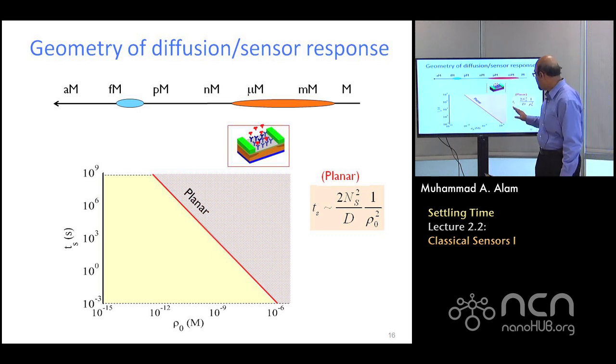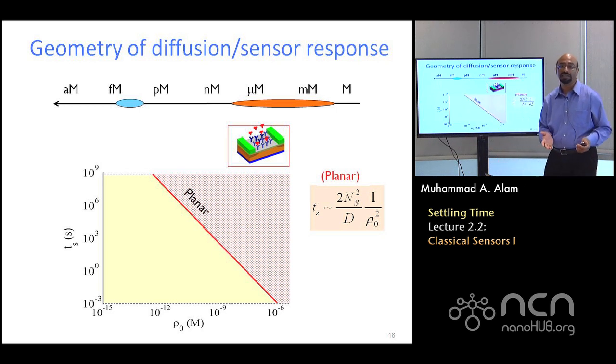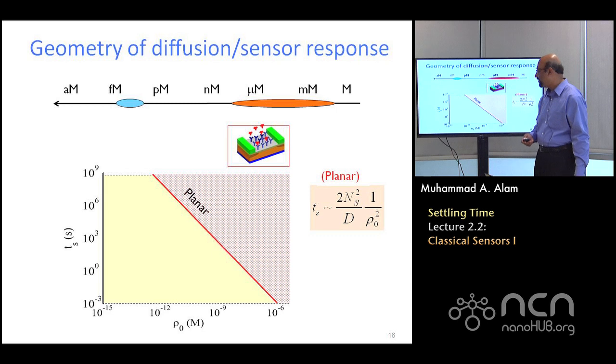On the other hand, if the density is low, this curve will shoot up, and it may take 10 to the power 9 seconds, which is like 10 years or so. In order to detect a picomolar concentration, you will have to wait 10 years before you get a signal. By that time the patient may be dead, so you shouldn't try that.